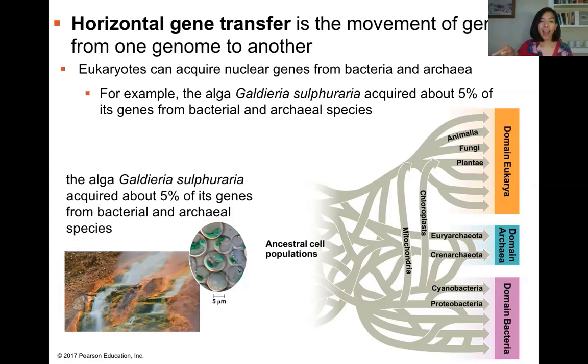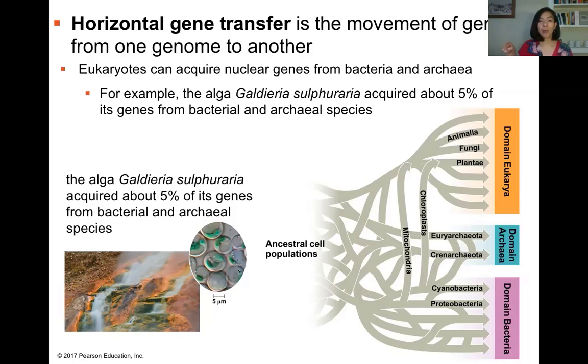It acquired around 5% of its genes from archaeal species and also bacterial species. That species grows in running water that has really high temperatures. And those genes from archaeal and bacterial species most likely resulted in adaptations to live in higher temperatures.